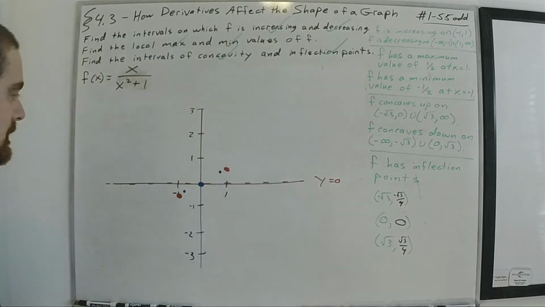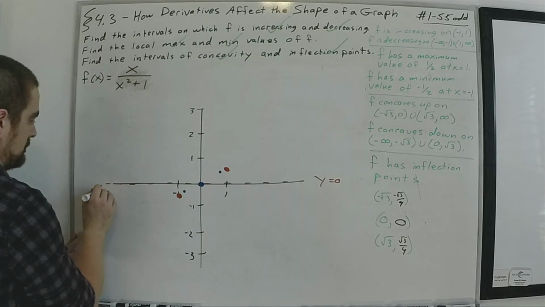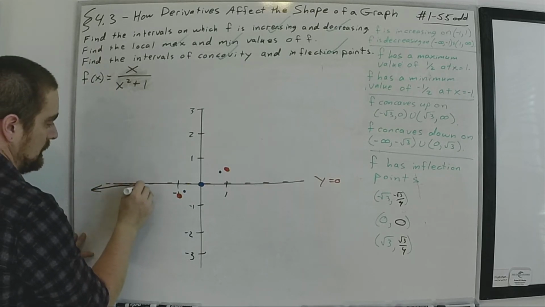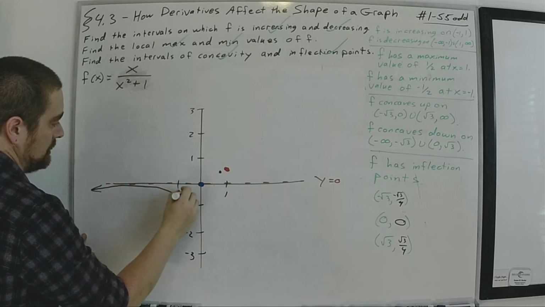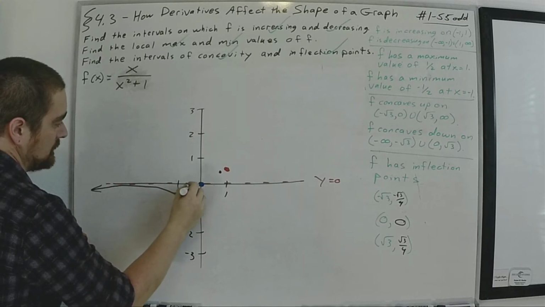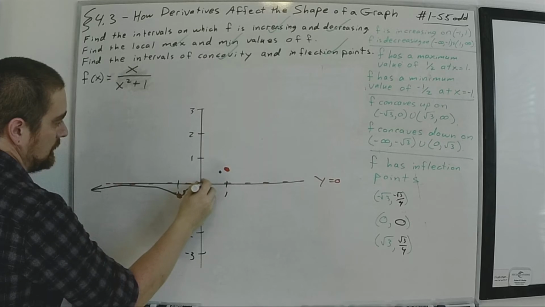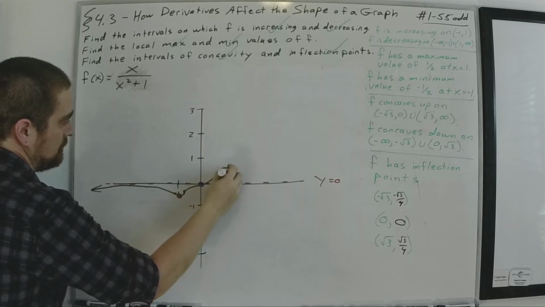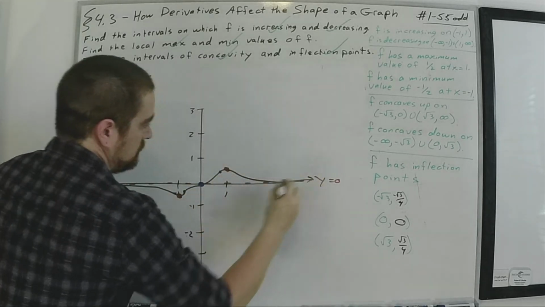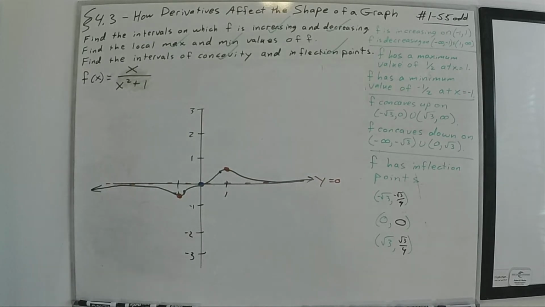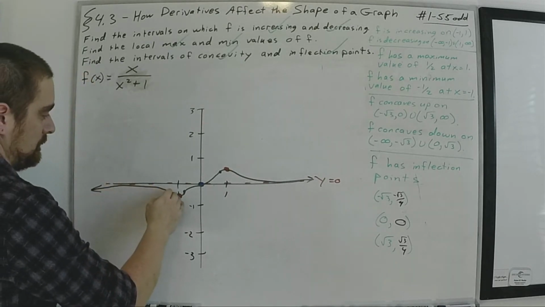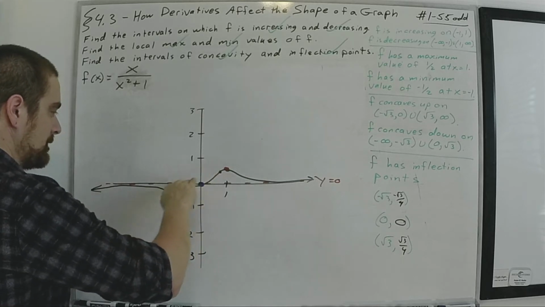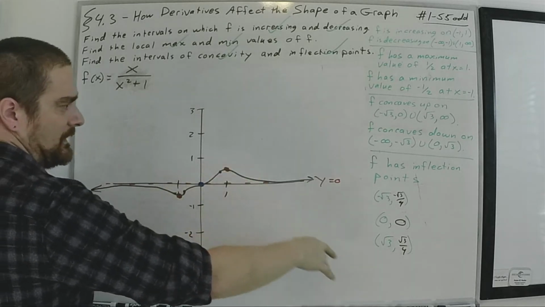Now I can actually get a nice visualization for my function. It comes in, it's concaving down, hits this, still concaving down, but then it starts concaving up, comes up, hits a maximum. So at each one of those points, I've got to change concavity from down to up, and then from up to down and down to up again.